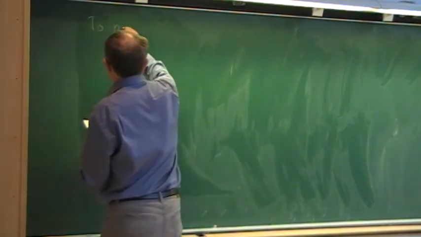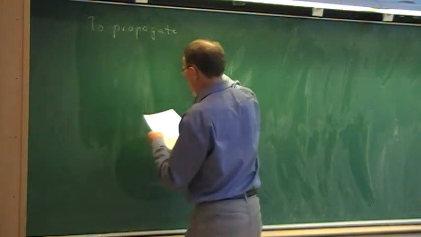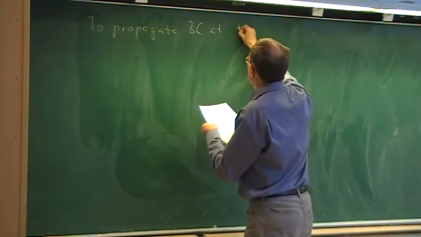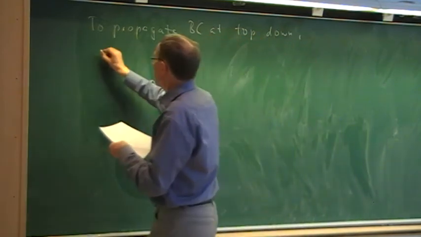So let's do that. So then we have this. And now what I just said, I write it: to propagate the boundary condition at the top down in the domain, we alternate.